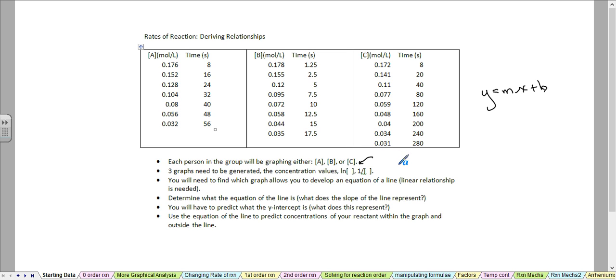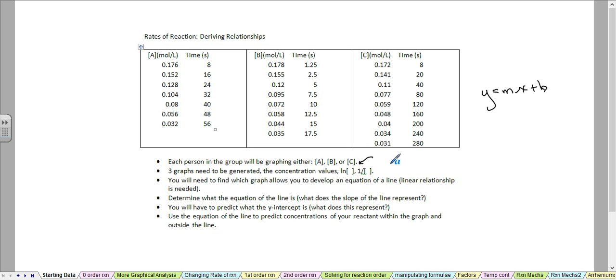If you type a number into it and hit the ln, you're going to get another number out. We're not going to go too deep into the math behind it, but it is a math tool that we can use to look at values differently.